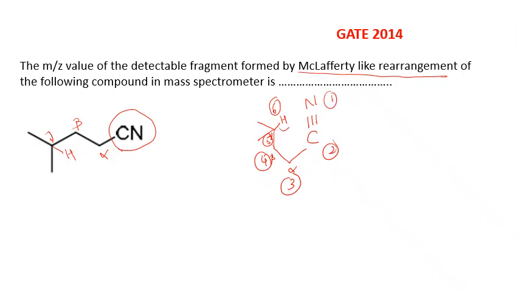So hydrogen is transferred over here with the bonded pair of electrons, and these electrons are getting shifted over here and this is getting transferred over here. So what we will get is C, it becomes double bond N and H, and this also becomes double bond.